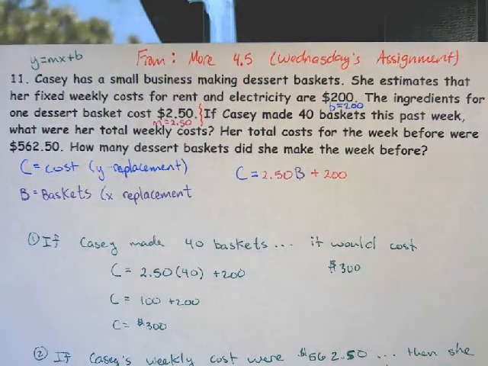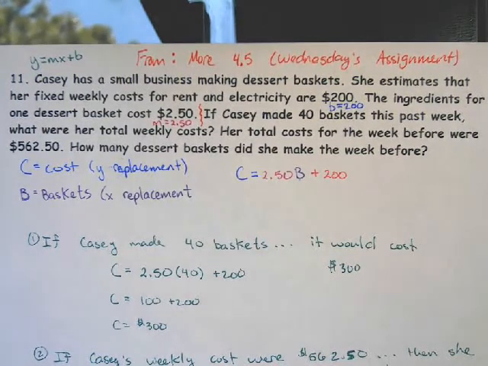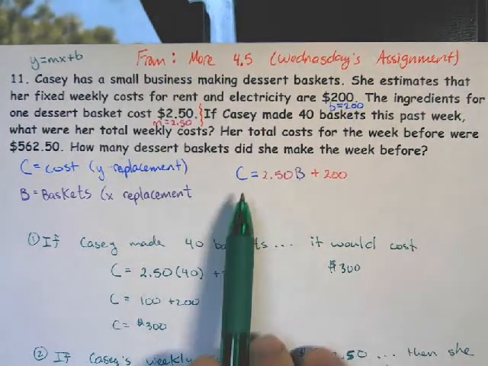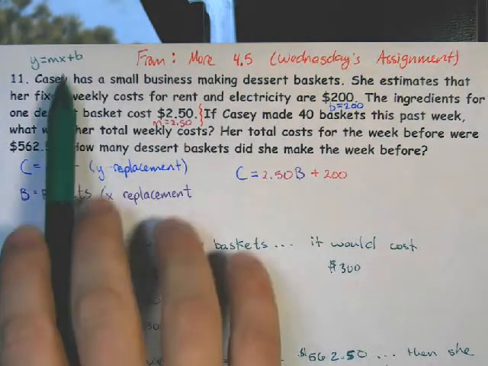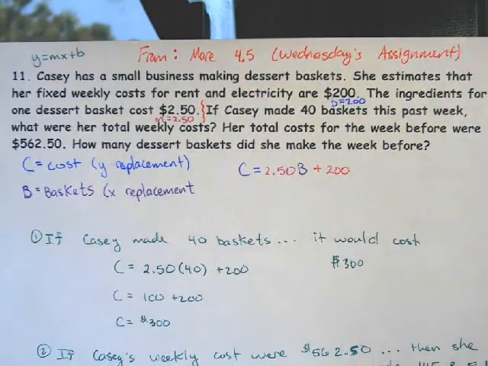It makes sense to use letters that go with the words I'm working with. In a lot of these problems, they tell us which letter to use, but sometimes we have to come up with it. My C was my y, and my B was my x. I replaced those letters with new letters that made more sense with my problem.